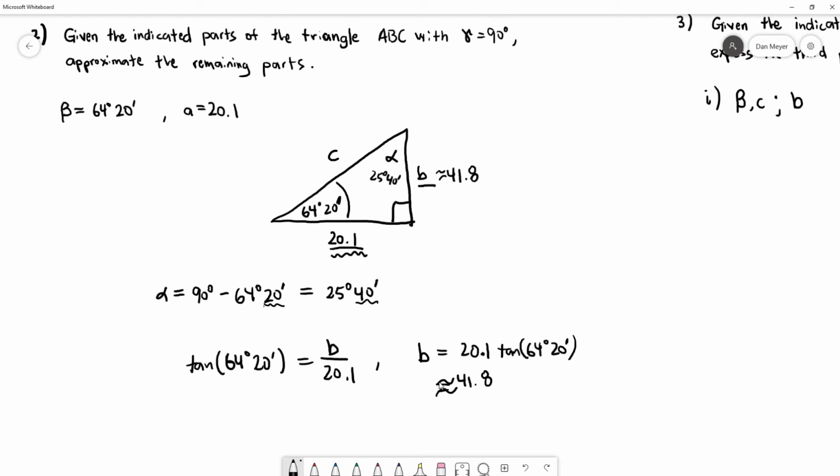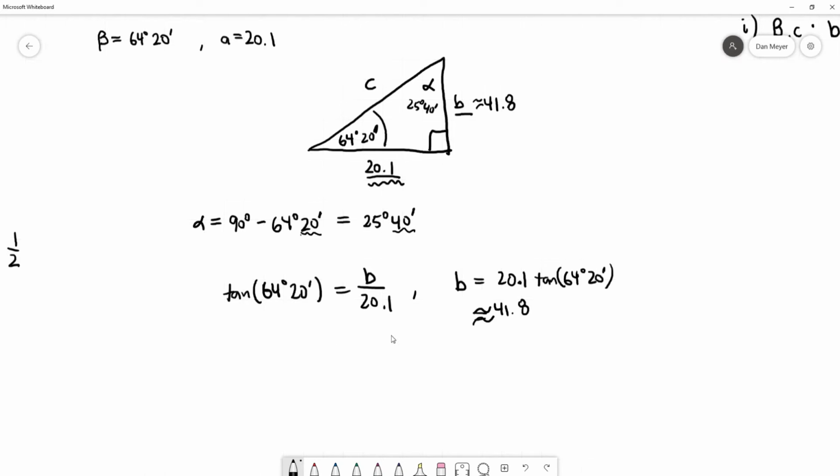And then, again, I could use the Pythagorean theorem to figure out what C is, but let's just do some trig instead. If I do the trig function that relates my known side and my known angle to the unknown side length C, that would be cosine of 64 degrees 20 minutes is adjacent 20.1 divided by hypotenuse.